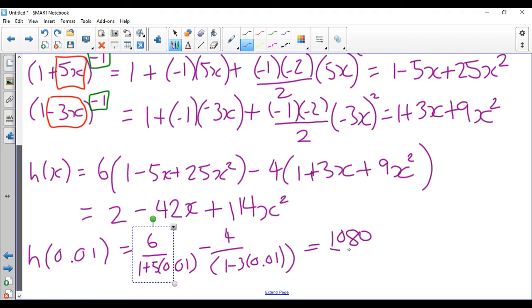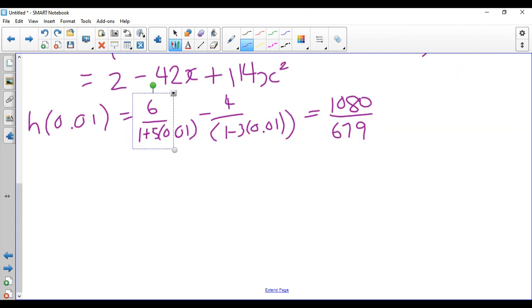The calc button on your ClassWiz is quite good. It's over 679. I'm just going to double check that one. Yep, 679, that's right.